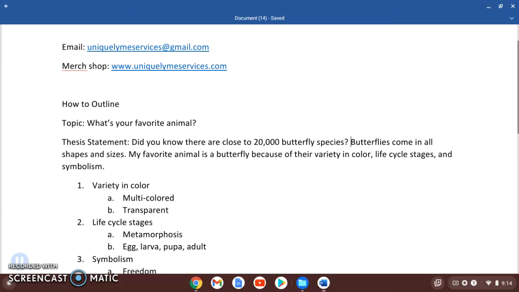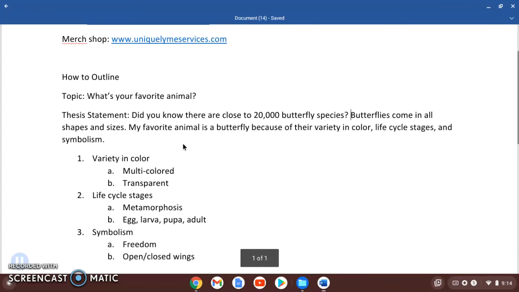Then you go into a few sentences elaborating on that attention grabber, and then the last sentence of that intro paragraph is really your standout thesis statement. So in this case, our thesis statement here is that my favorite animal is a butterfly because of their variety in color, the life cycle stages that they go through, and the symbolism of butterflies. Okay? Once you have that written out, you can continue the rest of your essay and really outlining that.